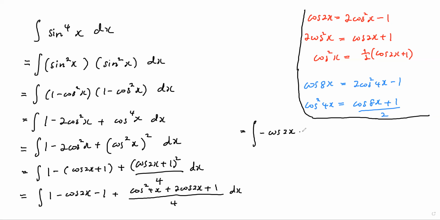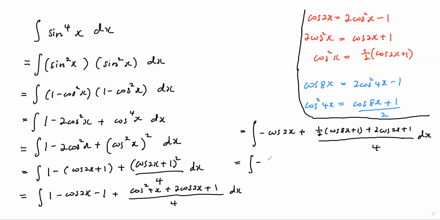Then this one would be plus half of cosine 8x plus 1, because I'm replacing cosine square 4x with this, and then plus 2 cosine 2x plus 1 over 4. I'm making sure I'm not making any careless mistakes here.